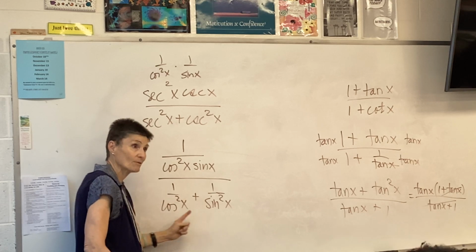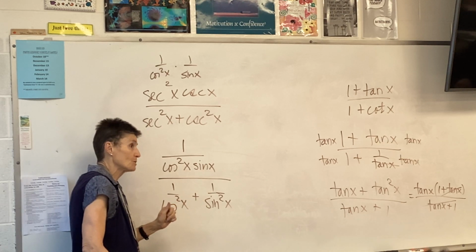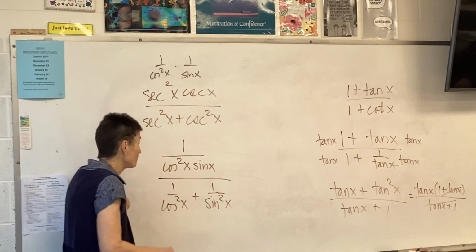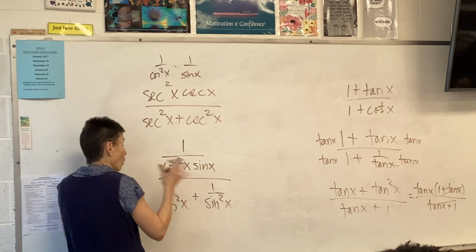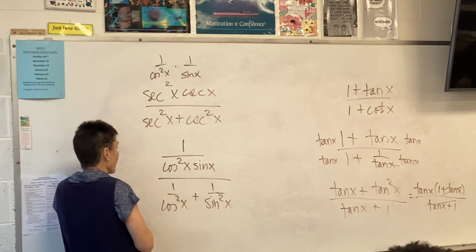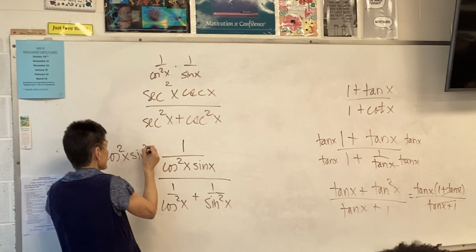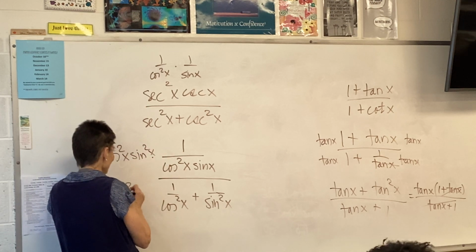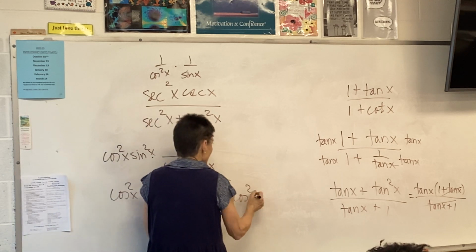This has to be together before you can do that. You can't flip individual fractions. So what I'm going to do is what I did before. What's my common denominator for the whole problem? Cosine squared and sine squared. So I'm going to multiply everything by cosine squared and sine squared.